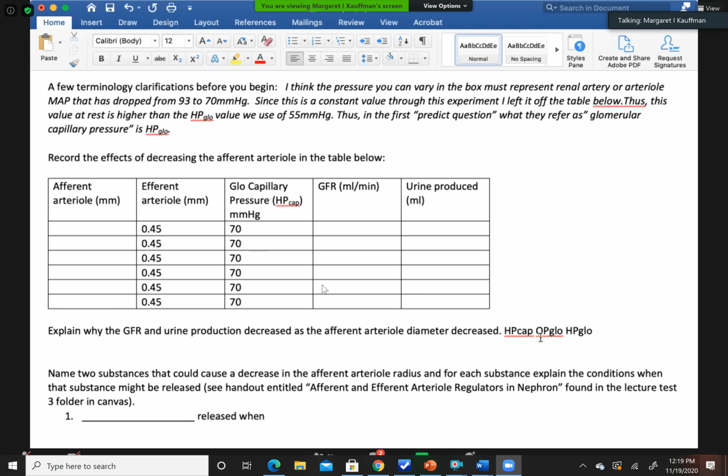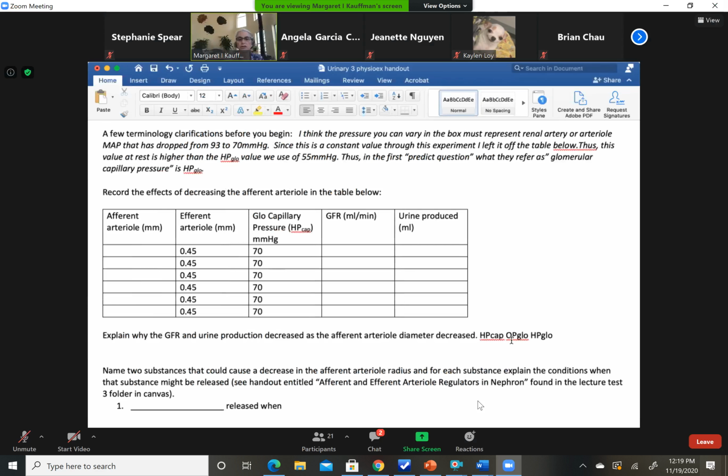These guys, or at least this one, doesn't change at all because that's dependent largely on the albumin that's in the blood. And then this would probably, if anything, as filtration dropped, be less of a pressure, but this is the main one you're changing. So that's the right answer. You can write that in whatever words you'd like to explain that.